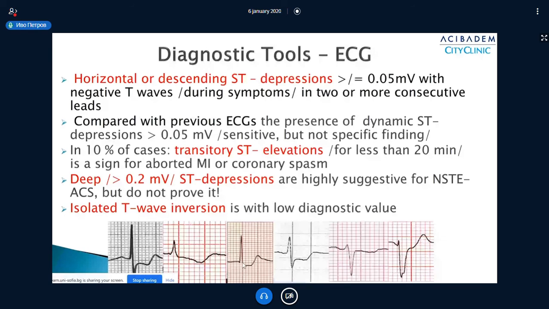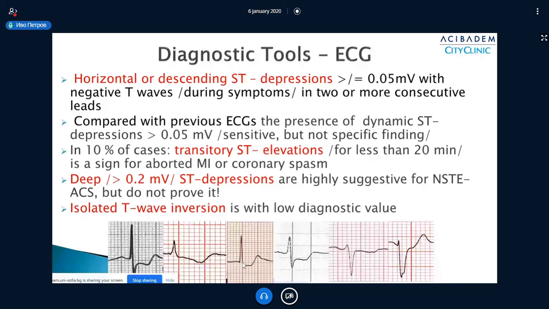And it is very, very important to take a look at the ECG during the clinical episode. So one ECG is not enough. We have to make serial ECGs or to have monitor ECG control, because one of the most important determinants of the high risk and low risk is the dynamic ECG changes.